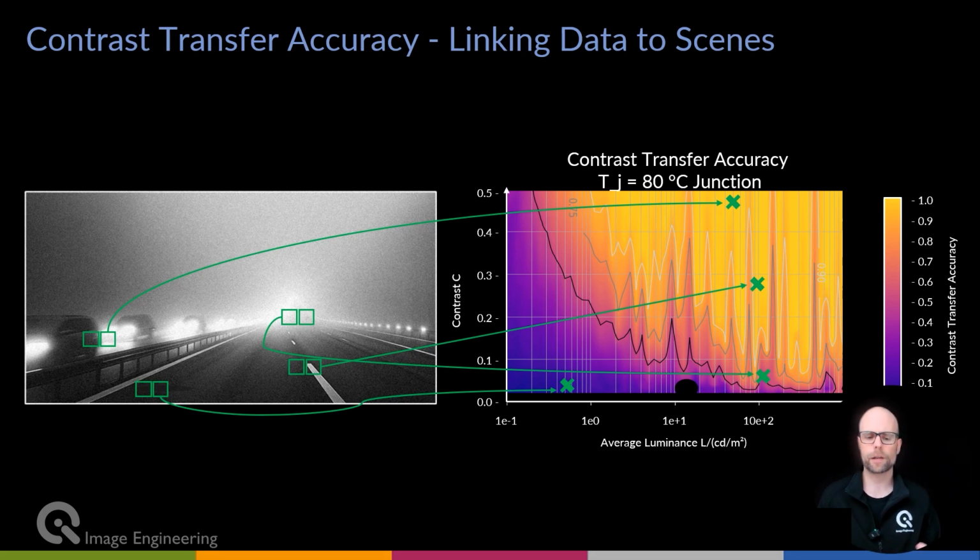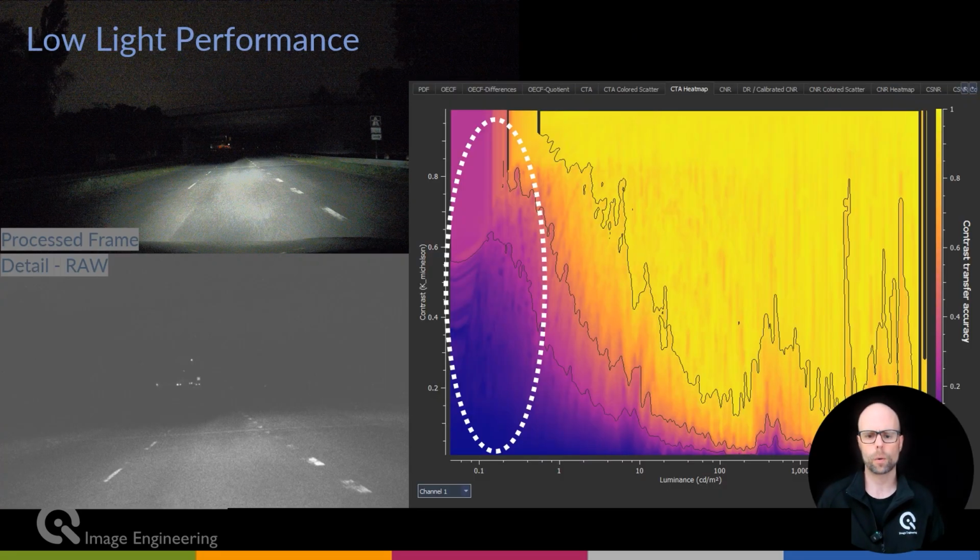But then you also have some rubber pieces or tire pieces in the lower left of the image. That is a dark object on the dark road, so that is low light, low contrast, in the lower left. That's the very challenging part of imaging. This way you can see where the different areas are that I should have a look at. But I also have some examples here of where to look.